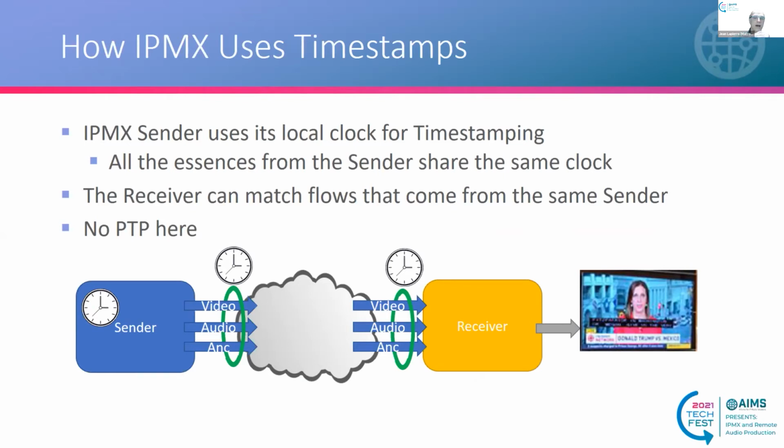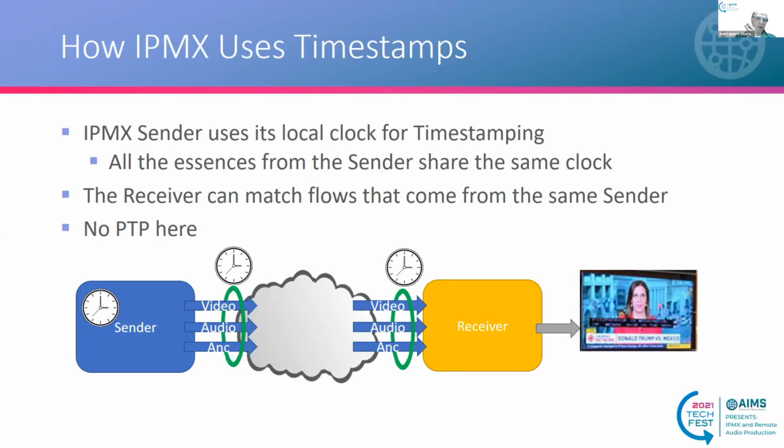Because the receiver knows that all these essences share the same clock, it knows it can use a timestamp to realign the content. So in our example here, video, audio, and ANC would be transmitted, and they would all have a timestamp saying, this is the data for 3 o'clock. And so the receiver can take the packets for 3 o'clock from the video and the packets for 3 o'clock from audio and match them together.